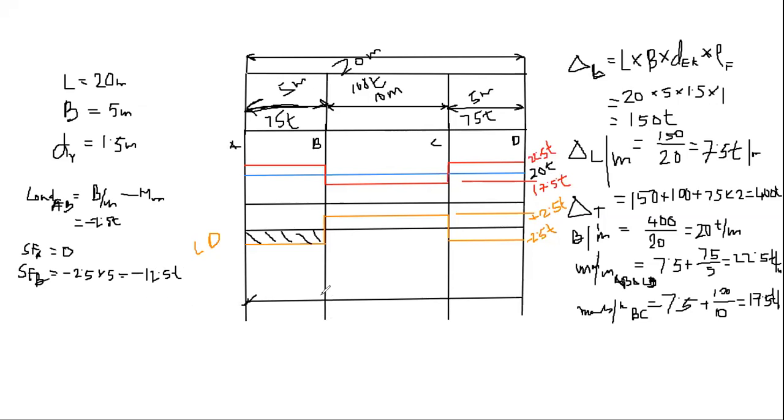So this value, we can plot it here. To construct the diagram, we can plot that value minus 12.5.